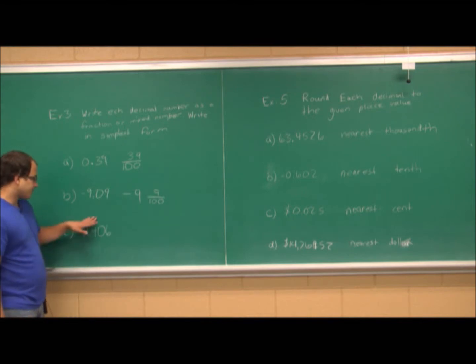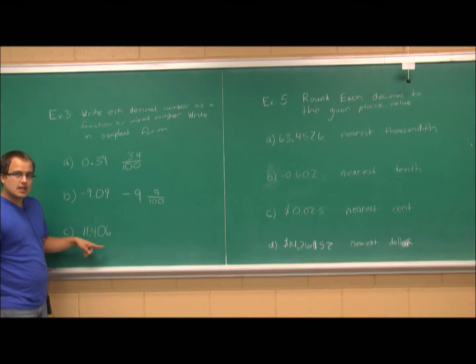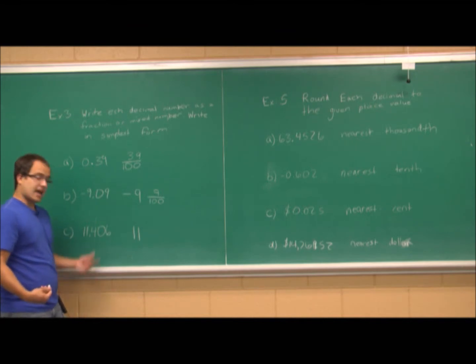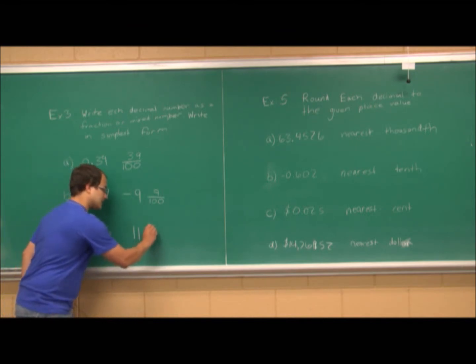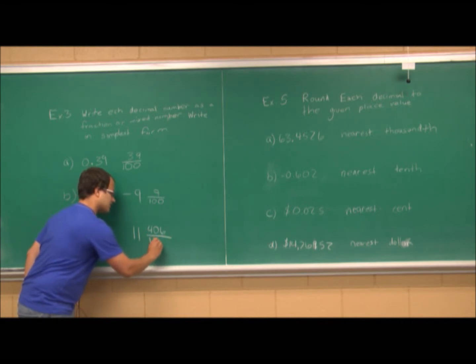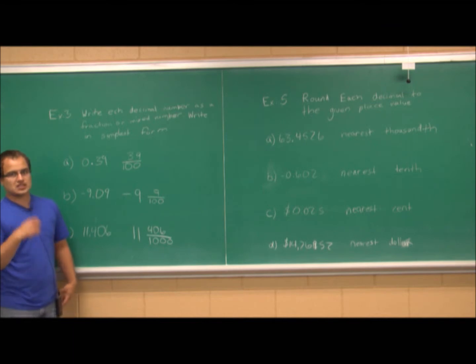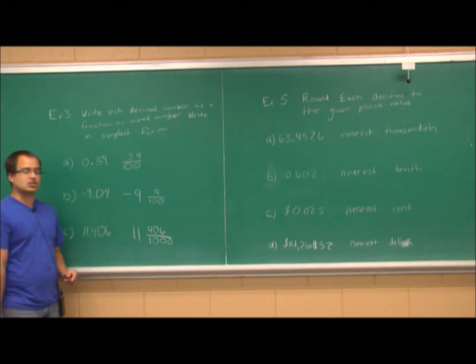Now on to C. 11 and 406 thousandths. So again, 11 and 406 thousandths. So that tells me 1,000 goes in the denominator, or the bottom of the fraction.